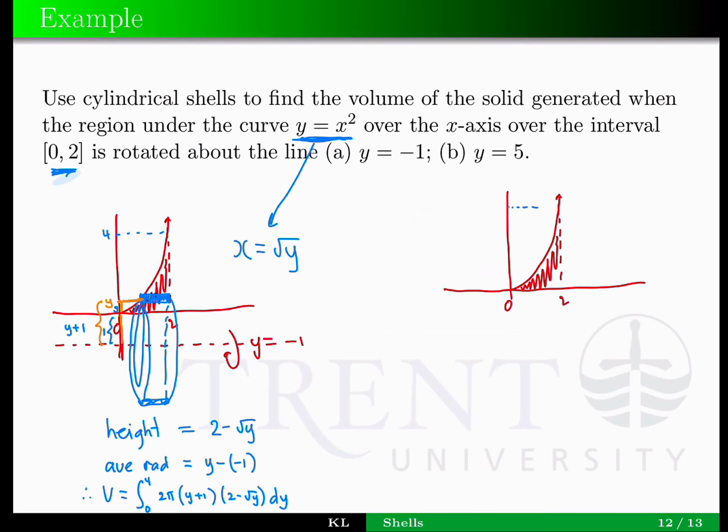For letter B, this is y equals 4, but you are revolving about the line y equals 5. This is y equals 5. Cylindrical shells, we have a horizontal axis of revolution, so our strip will be horizontal as well.